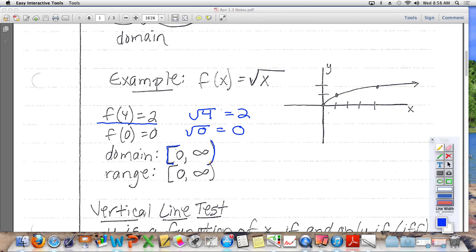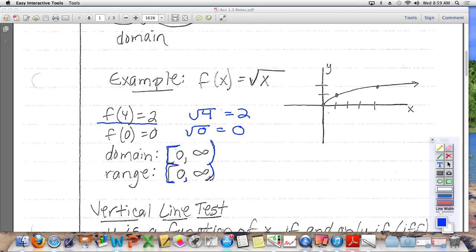The range, what kind of answers are you going to get out of the function? If you take the square root of 0, what are you going to get? 0. Take the square root of 1, what are you going to get? 1. Take the square root of 2, probably don't know the answer off the top of your head, but it will still give you a positive number, so your range is anything from 0, again, to positive infinity.